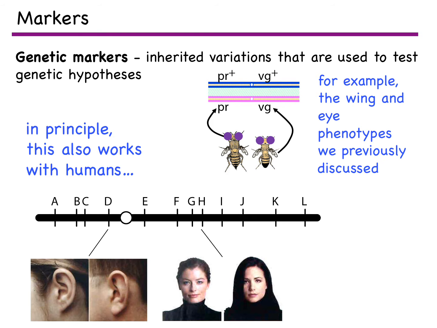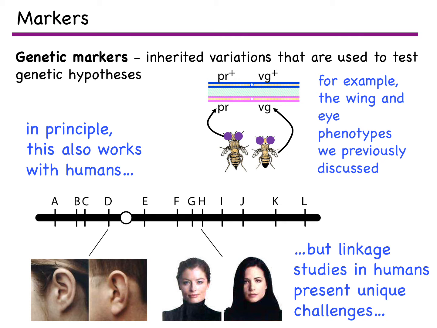Okay, so we could also apply this same process to humans by just looking at some visible traits that are known to be simple Mendelian traits in humans. So for example, hanging versus attached earlobes is a fairly simple Mendelian trait. Also, a widow's peak is a simple Mendelian trait, and there are many other simple Mendelian traits in humans.